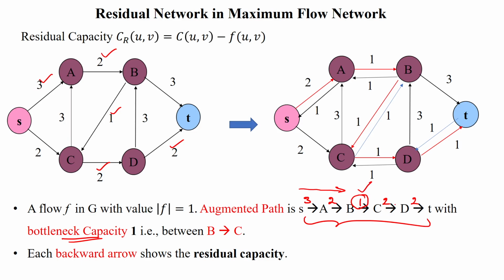So the minimum capacity among the path edges is called the bottleneck capacity. The residual capacity is mentioned here by using the arrow. The backward arrow shows the flow, how much we have in each and every edge.